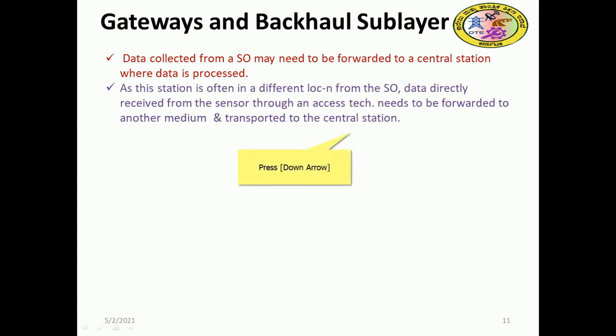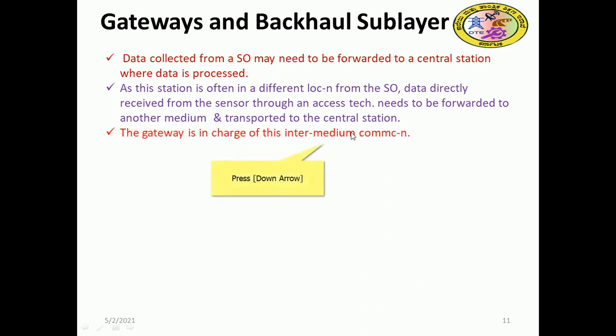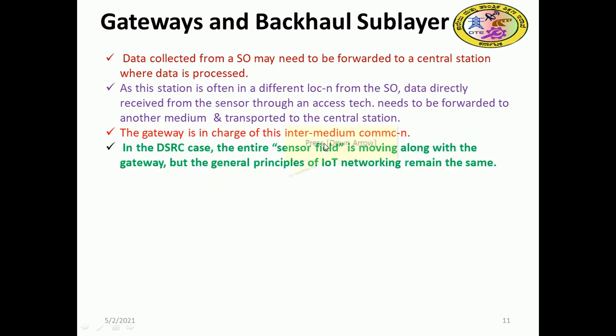Data received from the sensors through an access technology needs to be forwarded to another medium and transported to the central station, that is, a data center. The gateway is in charge of this intermediate communication between the bottom and top layers.